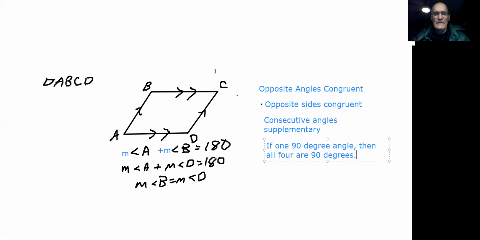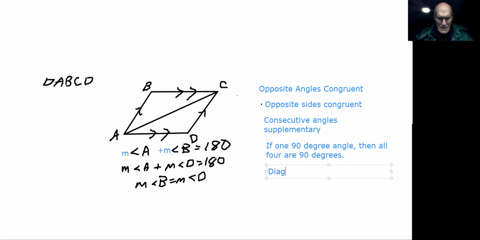And then the next thing we have, and we can use this to prove the second part here, it says if I draw a diagonal, which I can do here, the diagonal creates two congruent triangles, okay?